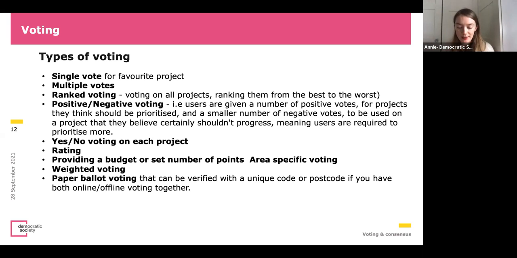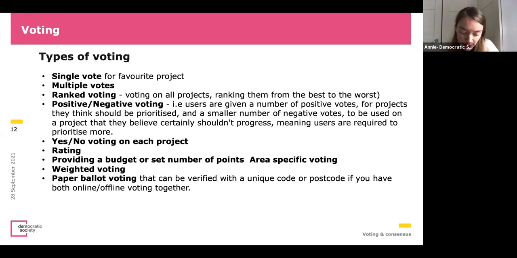So the challenges with this are that it can be quite easy to persuade people to vote for a particular project, and therefore rig the vote. So sometimes that's why people go, okay, well, let's have it so there's multiple votes. So this is basically the same thing. Each individual has multiple votes to distribute across the projects.